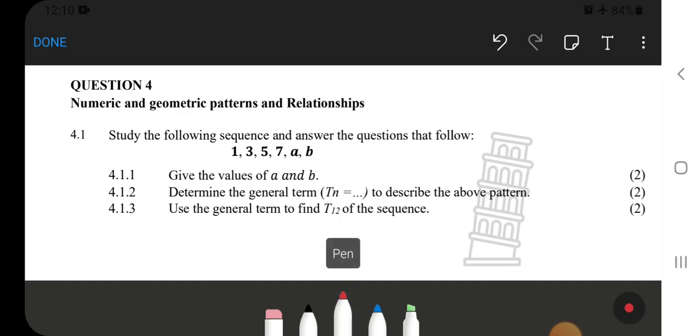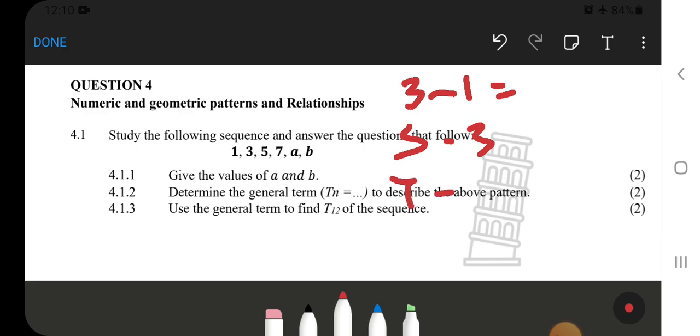You are going to say 3 minus 1, and you're going to say 5 minus 3, and you're going to say 7 minus 5. So 1 is term 1, 3 is term 2, 5 is term 3, 7 is term 4, okay?